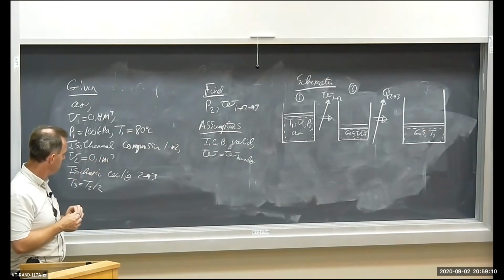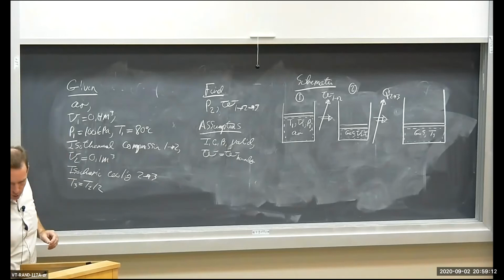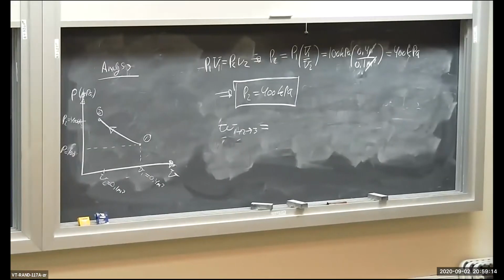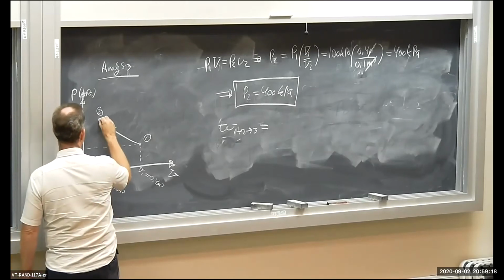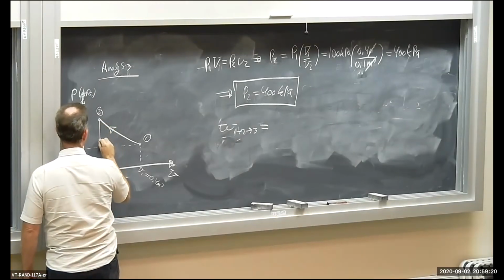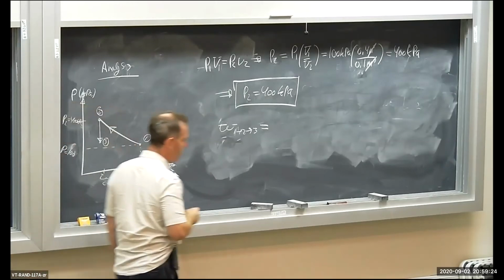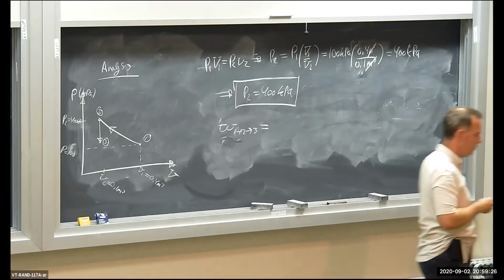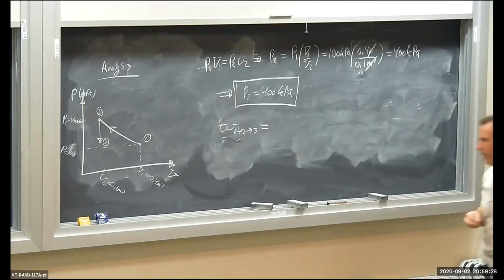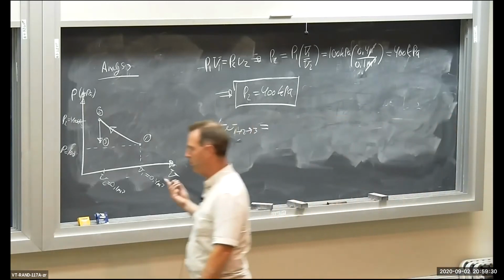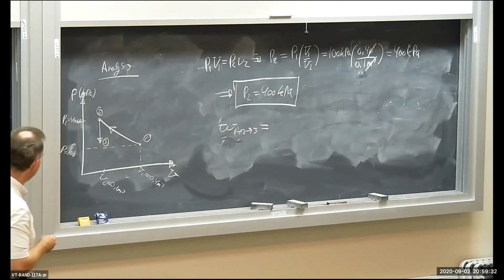Fine. So the path from state 2 to state 3 is going to look something like this. Isochoric process, state 2 to state 3. I don't know what the pressure at state 3 is. I'm not asked for it. But that's basically what the process looks like, okay?